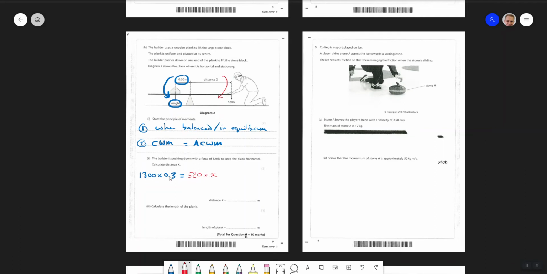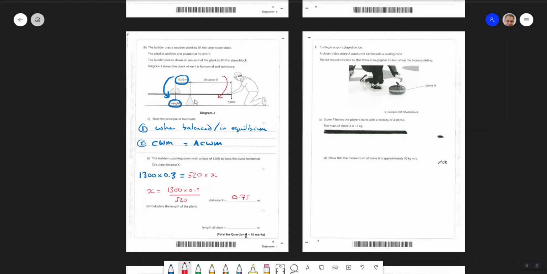So if I saw these, you get a mark for correctly saying I'm going to equate one to the other and then working it out. So x is equal to 1,300 times 0.3 over 520, and that comes out as being 0.75 meters.